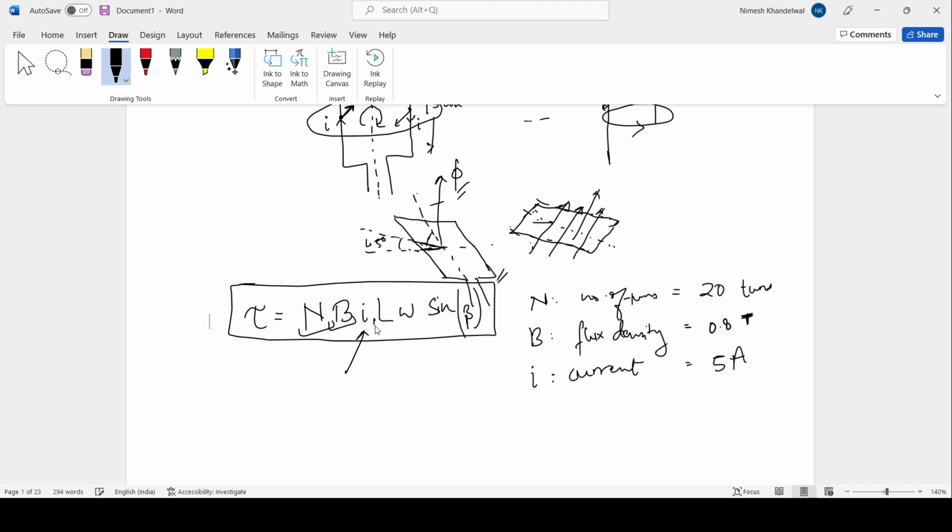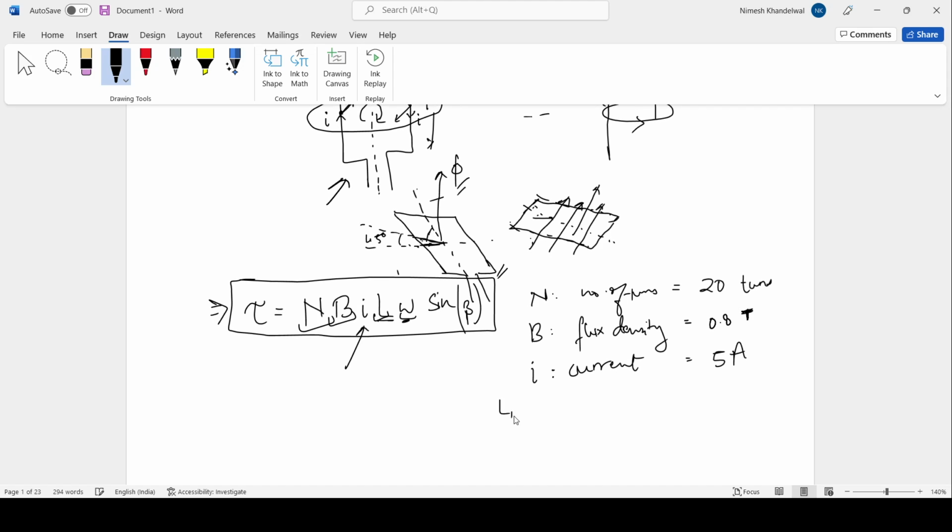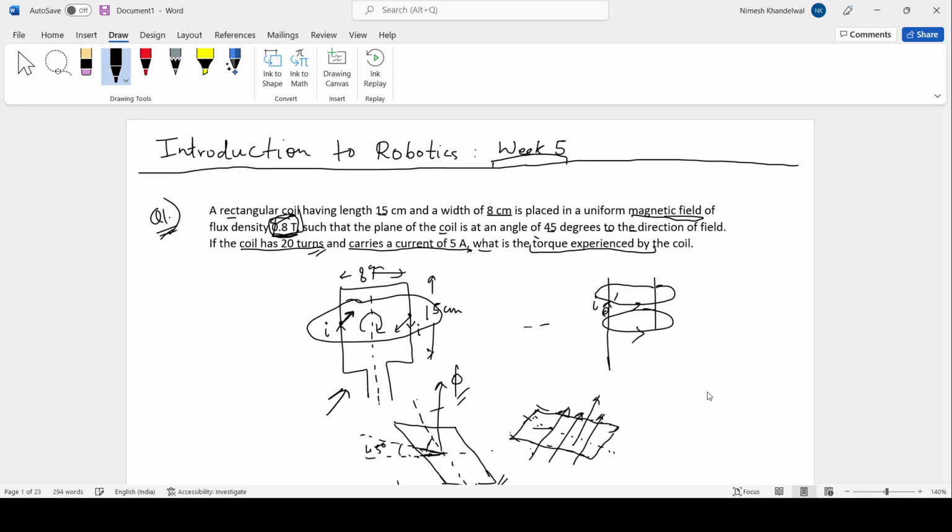And L and W are the length and width of the coil, because I told you this result is specifically for a rectangular coil. So L and W are the length and width of your coil. And how much are they given?